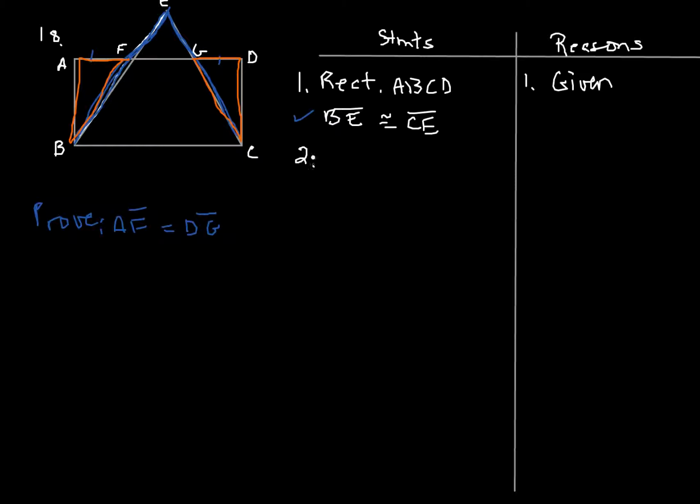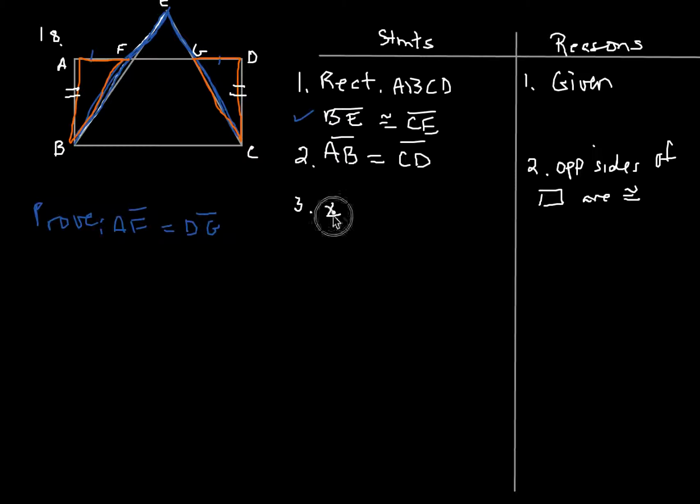So here we go. We're given a rectangle. So if we're trying to get the orange triangles congruent, we can say that this side is congruent to this side. So we can say AB is congruent to CD, and that's opposite sides of a rectangle are congruent. All right, so we already have a side. Now we've got to get something else. We have to get angles. How about this?